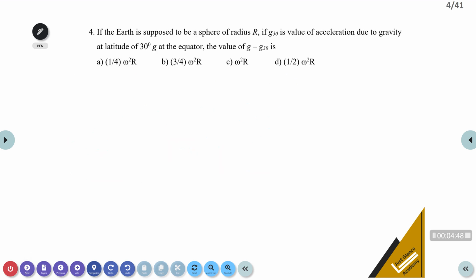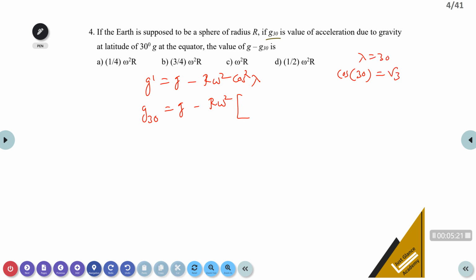Next. Based on the same thing, he is asking the value of g at an angle of 30 degrees with respect to the major axis. g dash equals g minus R omega square cos square lambda. Here g at 30 equals g minus R omega square cos square 30. Cos 30 equals root 3 by 2, squared becomes 3 by 4.